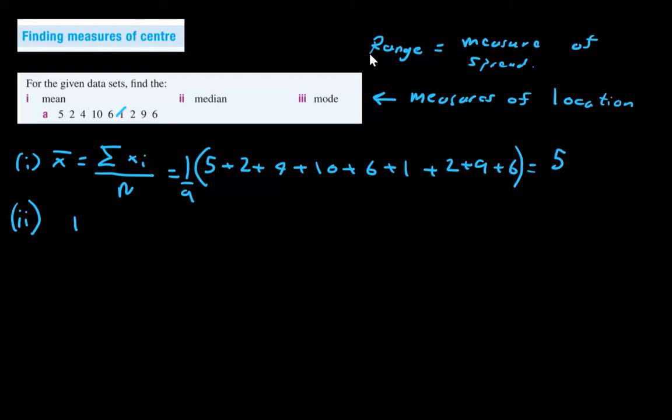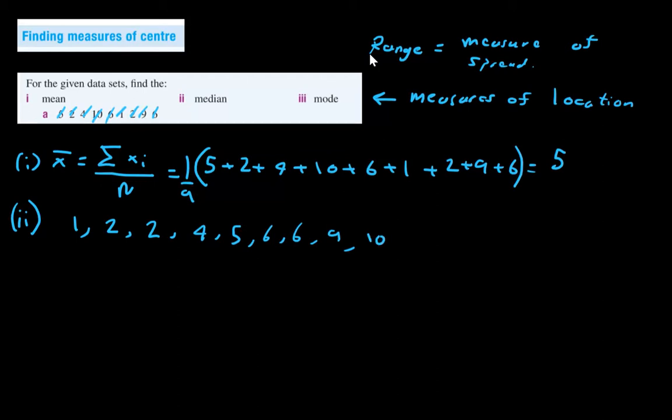So we've got a 1, we've got a 2, we've got another 2, we've got a 4, we've got a 5, we've got 2 6s, we've got 9, and we've got a 10.